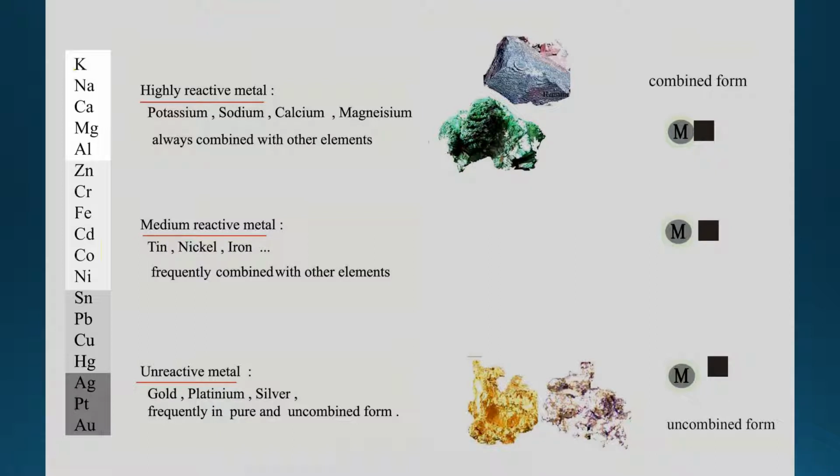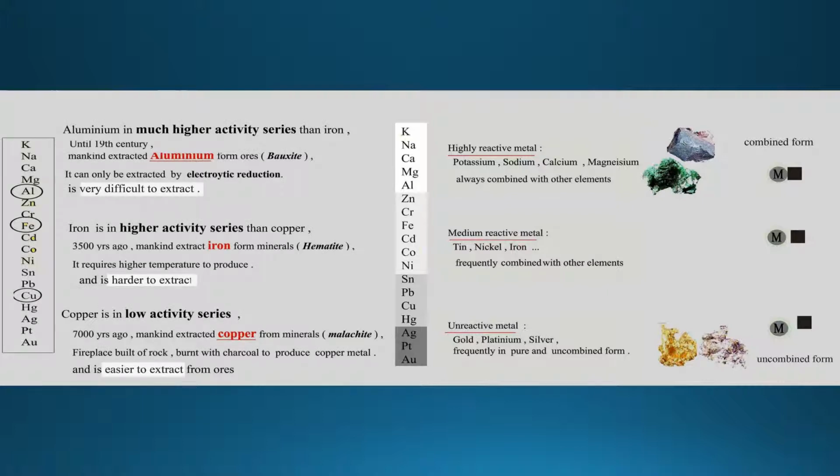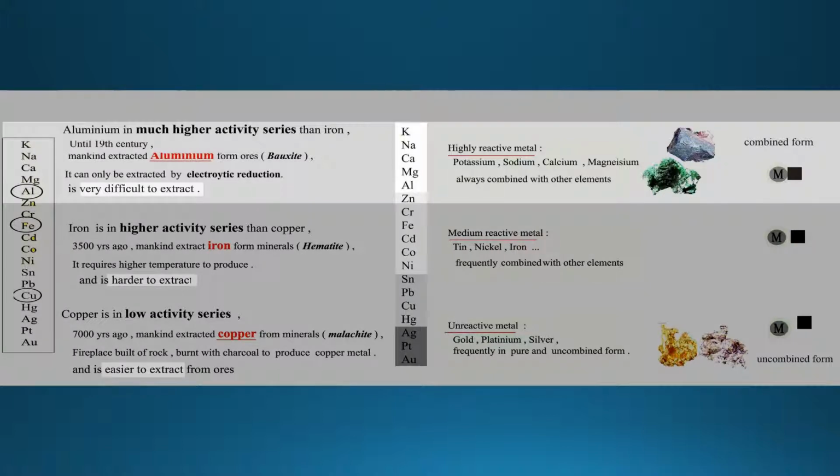So, this activity series has important implications to show you how well they would be combined or uncombined. And this combined or uncombined form will directly affect our extraction process. As you go on to the series that we just mentioned, you see on the top one, aluminium, is very hard to extract. Why?